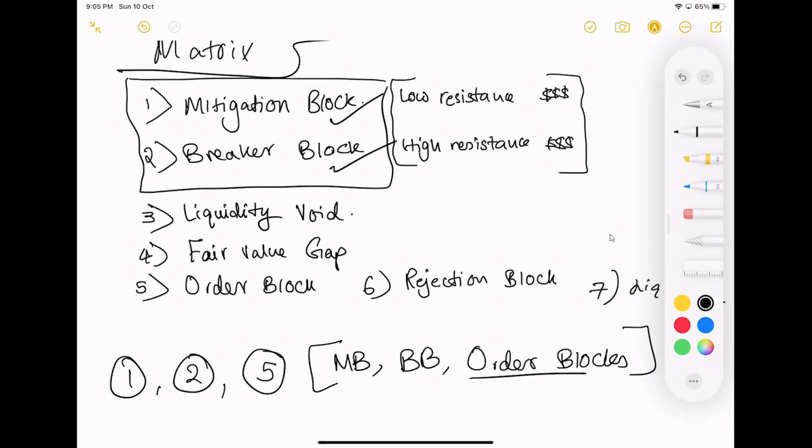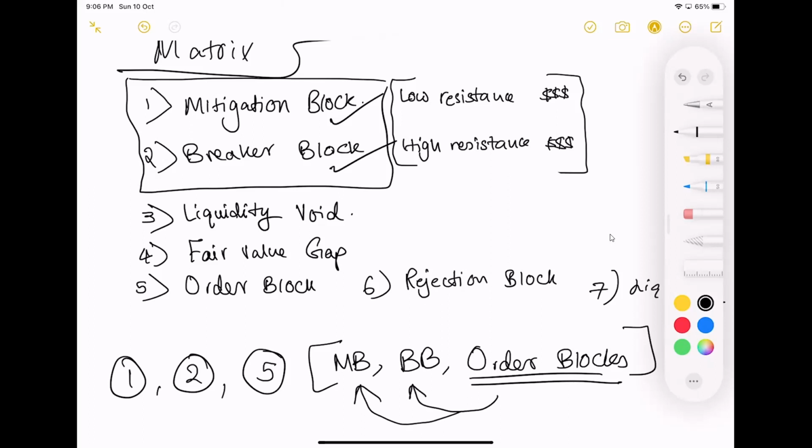Essentially speaking, order blocks are condensed versions of breaker blocks and mitigation blocks, which is why in ICT's mentorship, the majority of the PD array matrix is called what? Under what title?